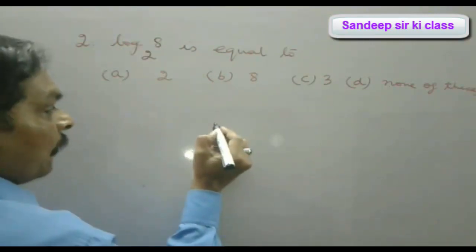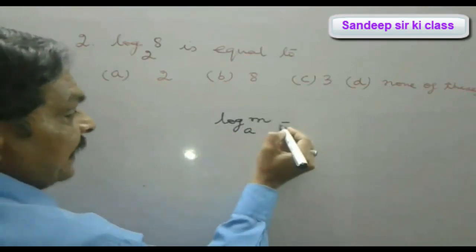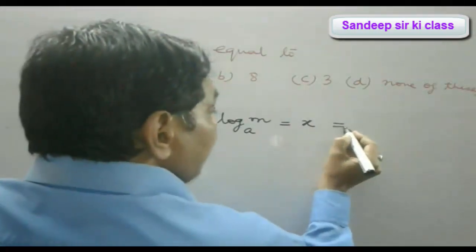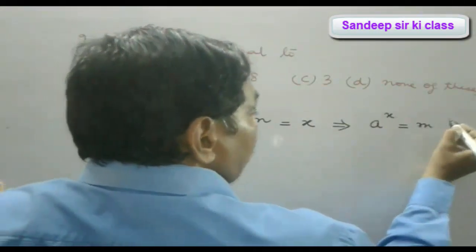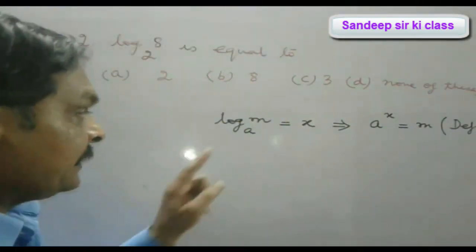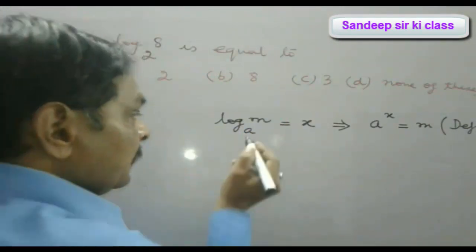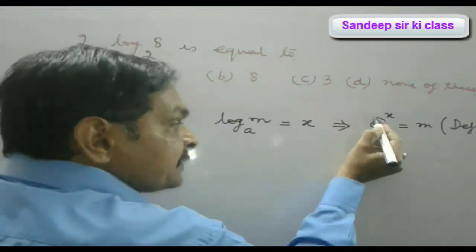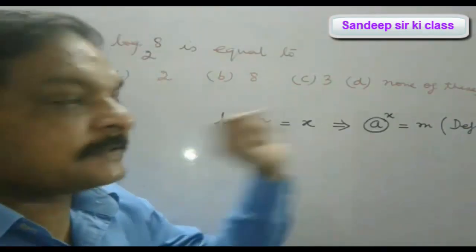Now the definition of log, we know that log of m to the base a is equal to x, then a raised to the power x is equal to m is the definition. This a here is the base, which becomes a here, the base of the indices.